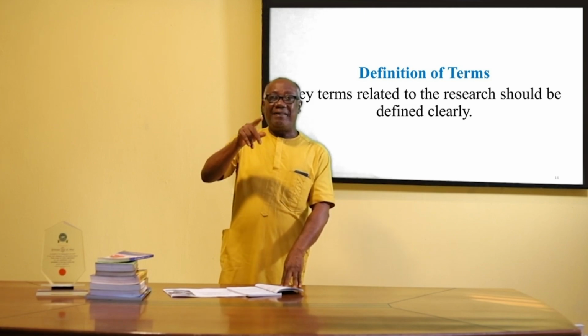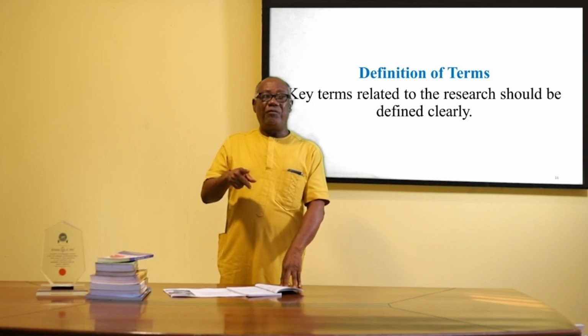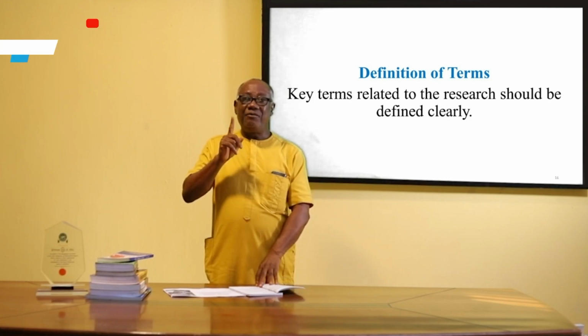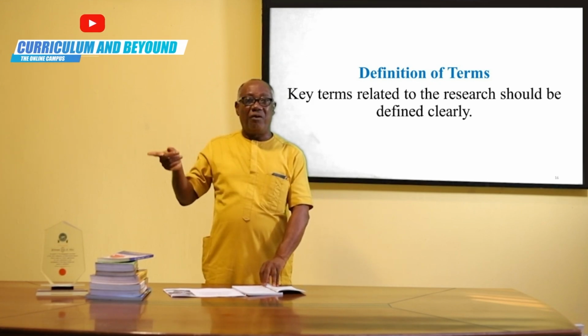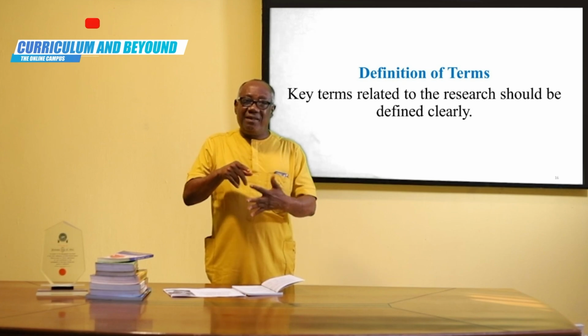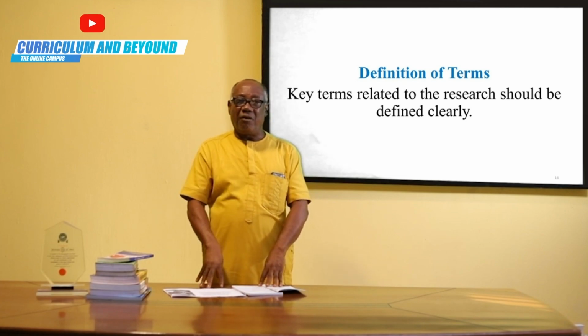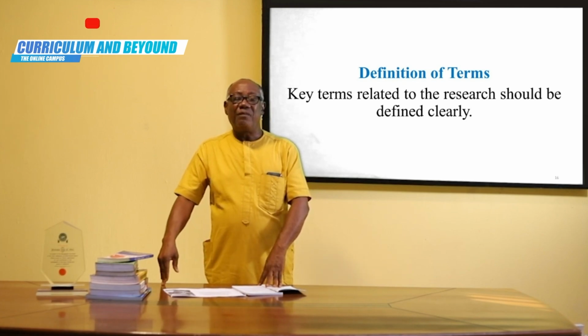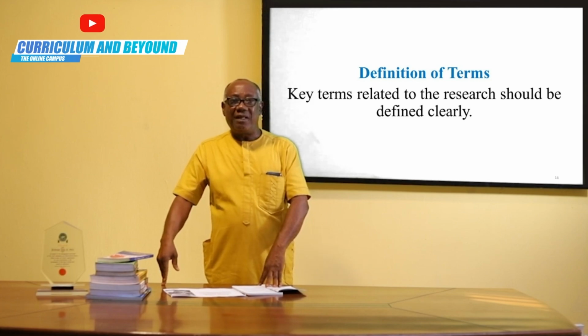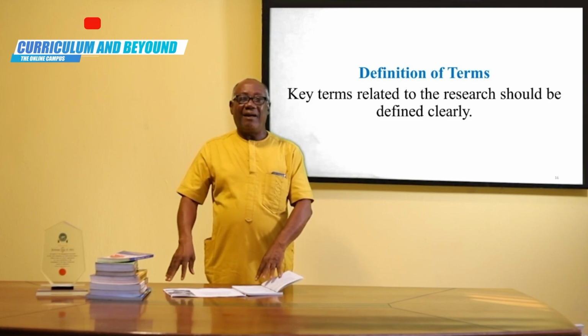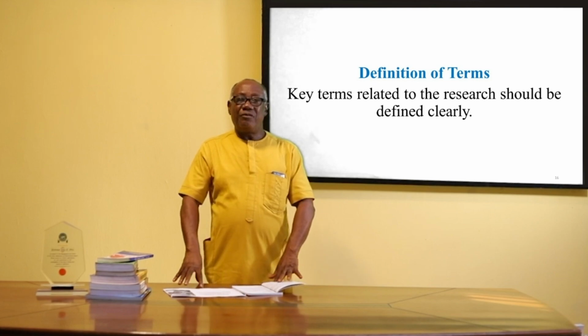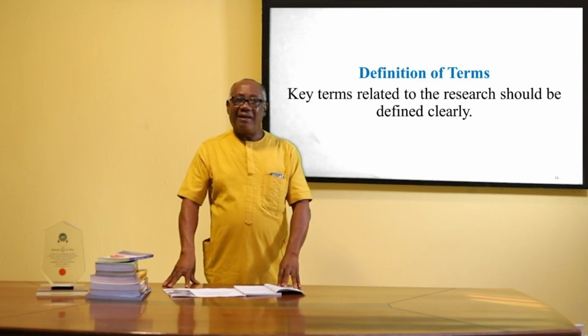That is, define them in situ. So if you have a term that you are using differently from the common usage, you explain the meaning at the point you mention it in your work, rather than going to a definition of terms. Now, this will come to the end of chapter 1.